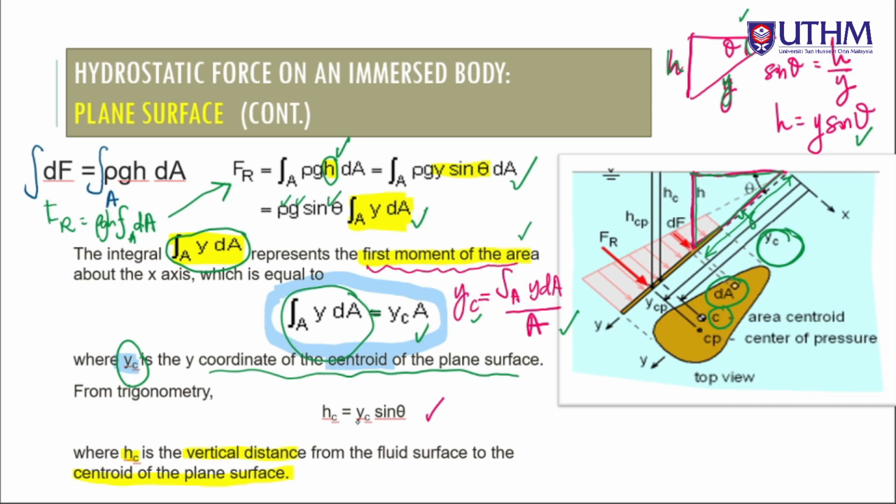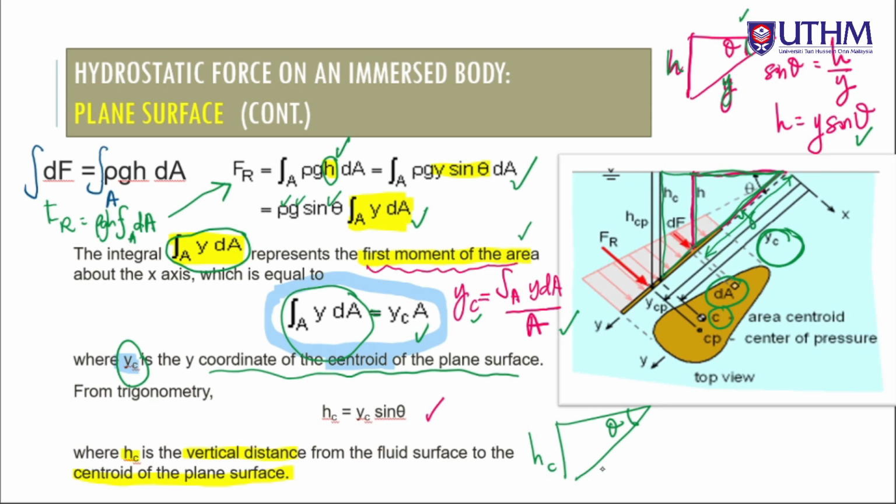So for HC, the situation is the same as the trigonometry earlier, since theta here is the same. We know this H becomes HC because we consider this triangle. Theta is still the same, the angle that the inclined plane surface makes with the surface of the water.